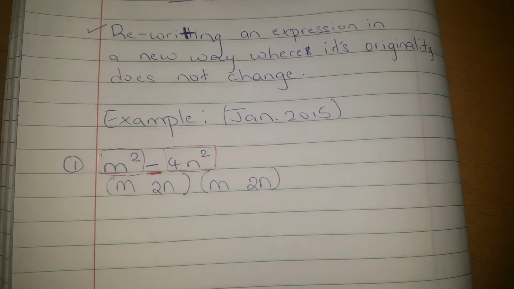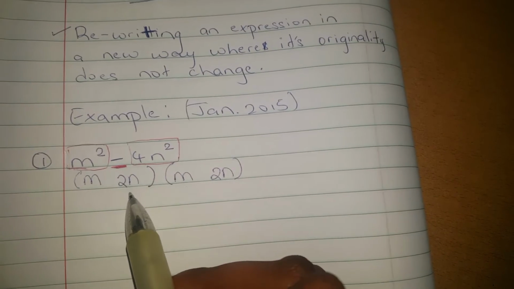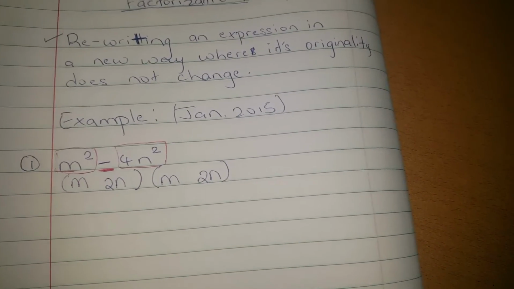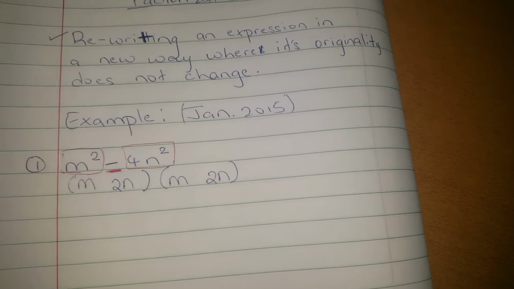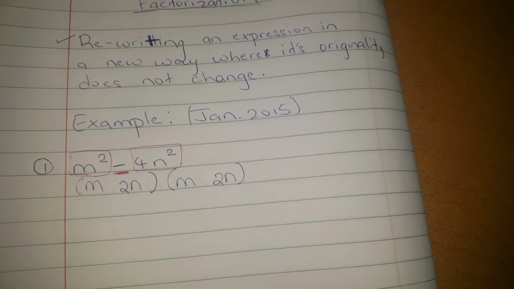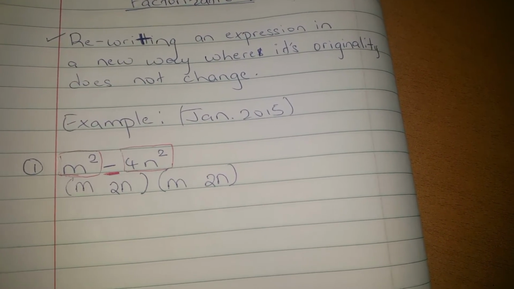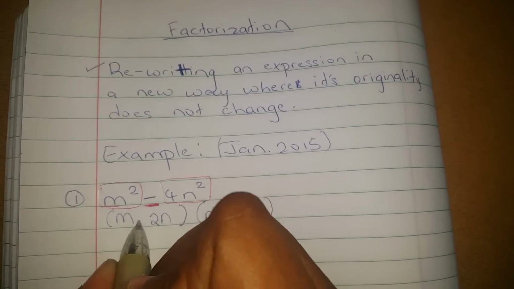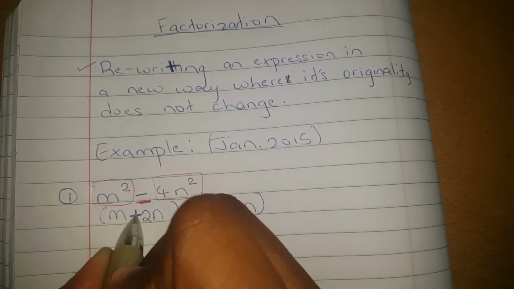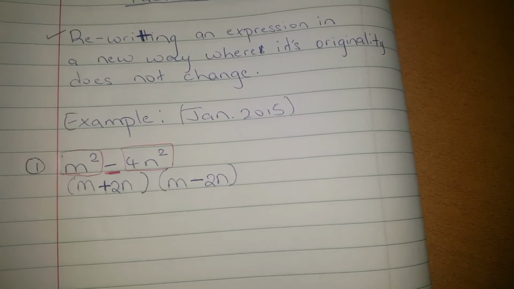We're not finished yet, it still looks like magic, but it's not. The next step we have to do, because there is a negative sign here and we're being asked to multiply, there must be something we can do where when we multiply, we end up with a negative sign. Which two operations could we use? If you guessed correctly, yes, it is your addition sign and your subtraction sign.